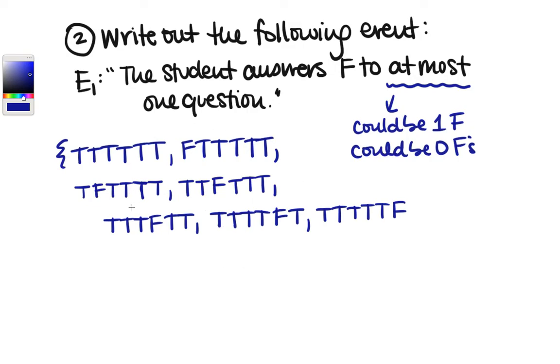And that is all of the outcomes in this particular sample space. So that set of outcomes is what we would call E1.